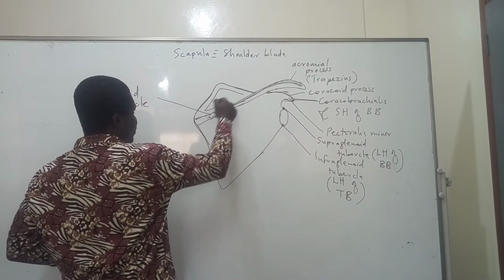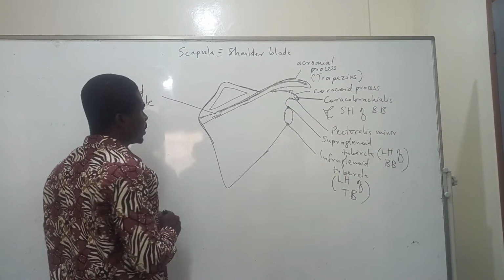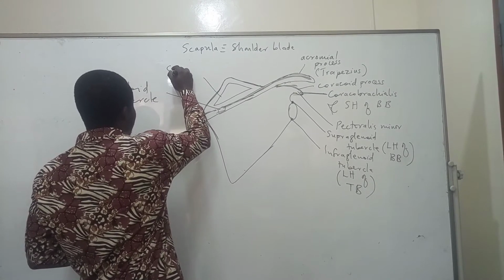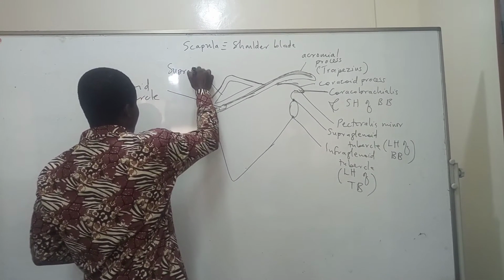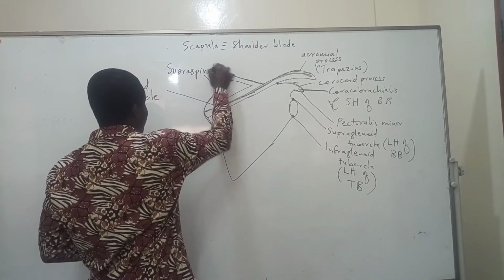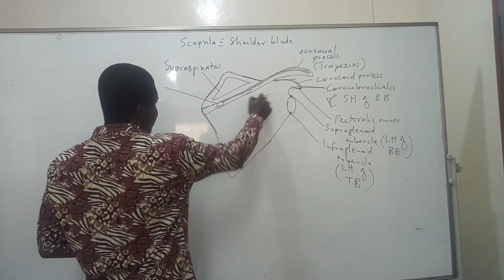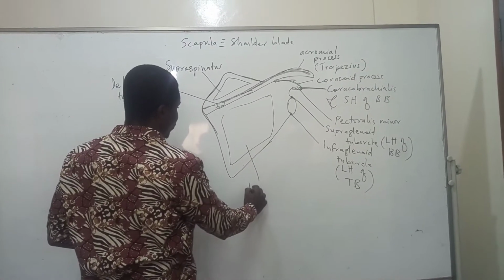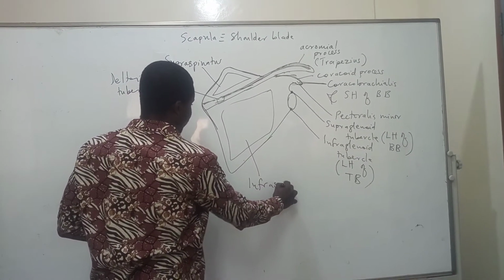On top of the spine, we have the supraspinous fossa, where we have the supraspinatus muscle. Below it, there's a larger area providing attachment to the infraspinatus muscle.